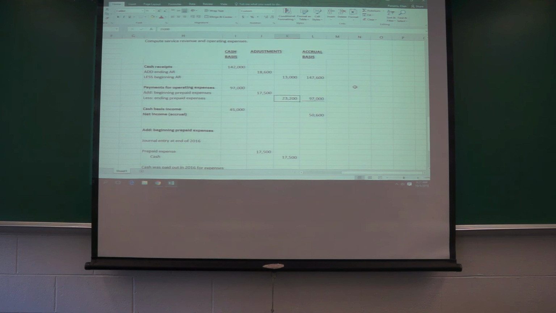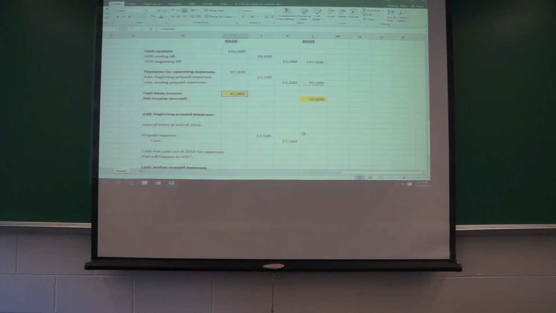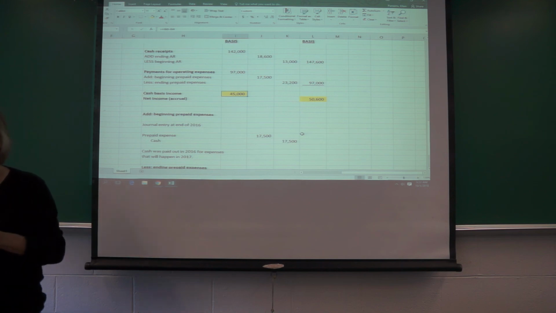So we end up with accrual-based net income of $50,600 here as opposed to our cash basis of $45,000. So that's your basic principles for converting your cash basis to accrual, usually for the purposes of getting financing. Okay.